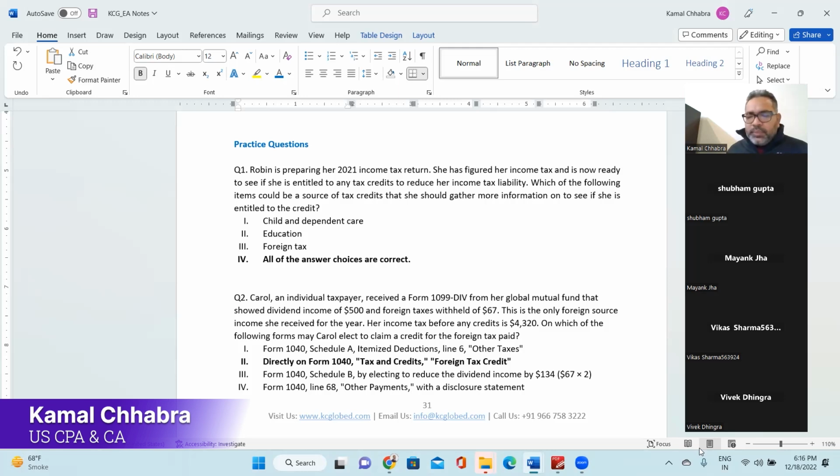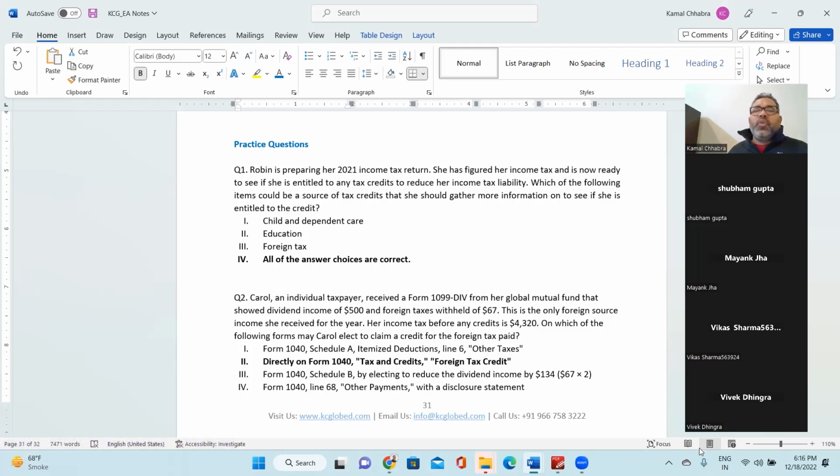So Robin has prepared all her income tax details, but now she wants to understand what documents she should look at to identify the area where she can avail any tax credit. First one is child and dependent care expenses, education expenses, foreign taxes if she has paid, or all the answers are correct.